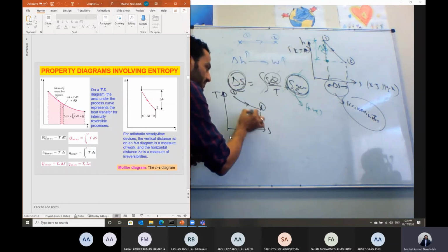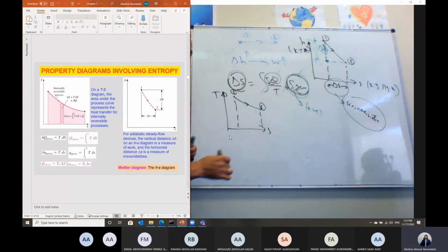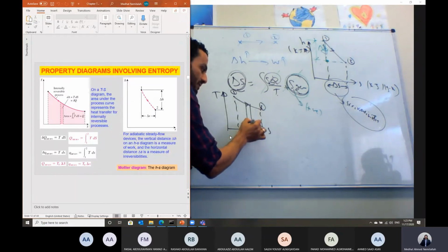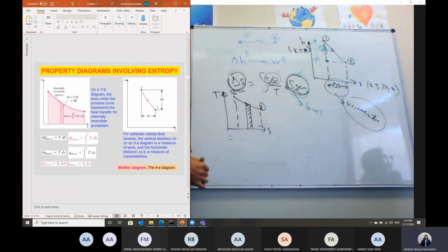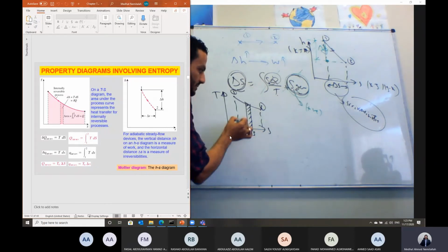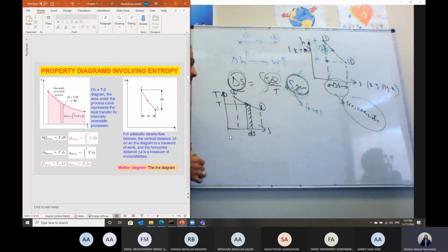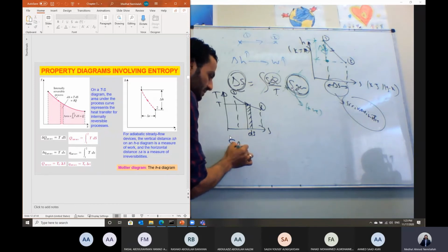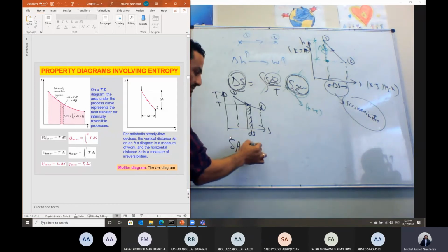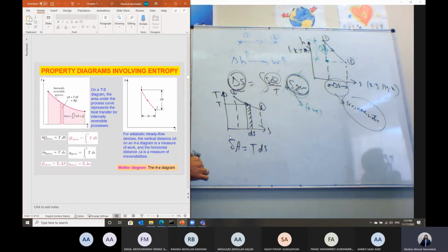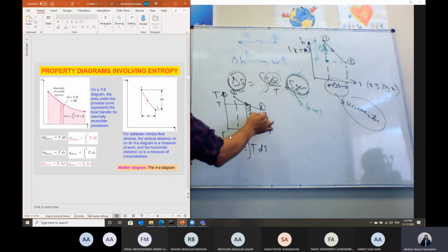But if we look here, Shabab, at the area under the curve, if I took a small rectangular element, its width here is delta S, and the height is T. So the area of this element is equal to what? The area of this element is T multiplied by delta S, the length by the width. But if I integrate it, then I can calculate the total area. So the total area under this curve will be equal to what?